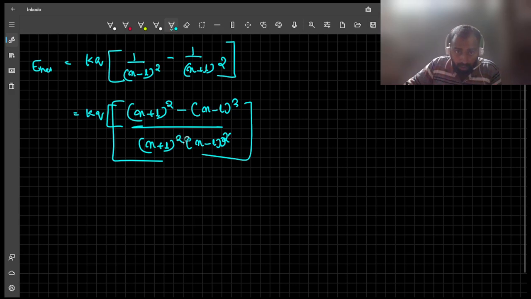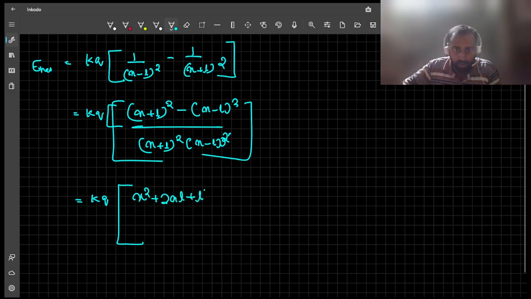But here the square term is there. So I can write kq by, when we expand this, x square plus 2xL plus L square minus x square minus L square plus 2xL, right?